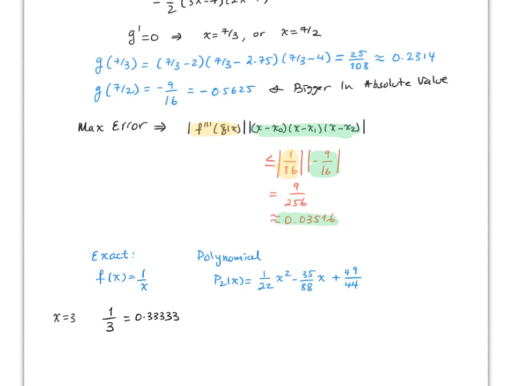Even though this keeps repeating, the approximation we found was p2 of 3 equal to 0.32955.